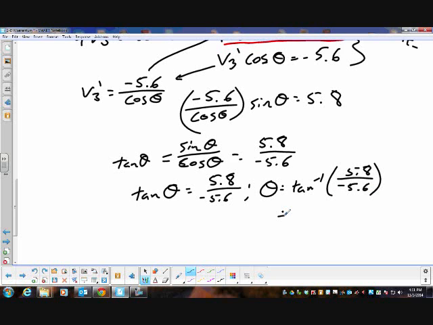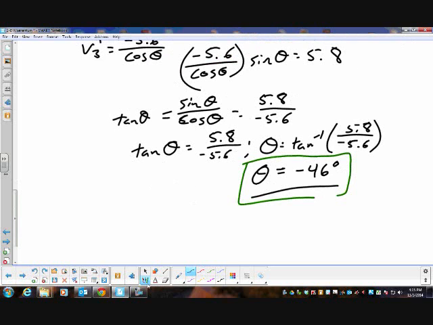And I get negative 46 degrees. And it's negative because it's going down. That makes sense. So I got an angle of negative 46 degrees, which is fine, because what that means is that's 46 degrees downward. And that's okay. There's no issues with that.